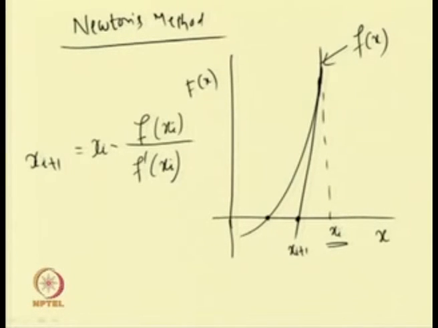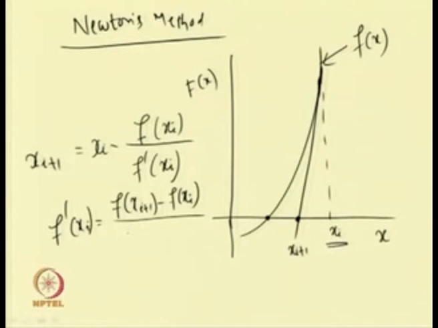This equation is true, because we can write this f'(x_i), it can be defined as, this is the slope at x_i. So, this is equal to f(x_(i+1)) minus f(x_i) by x_(i+1) minus x_i.